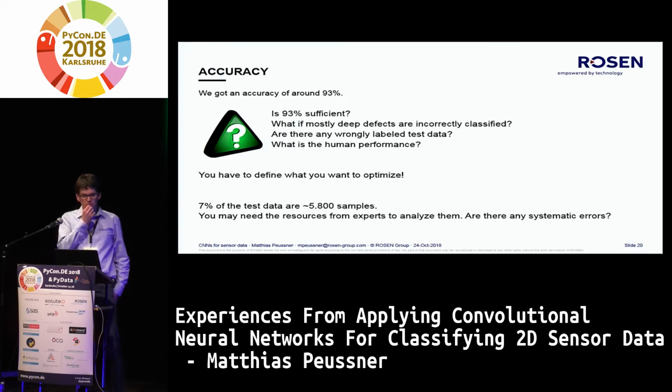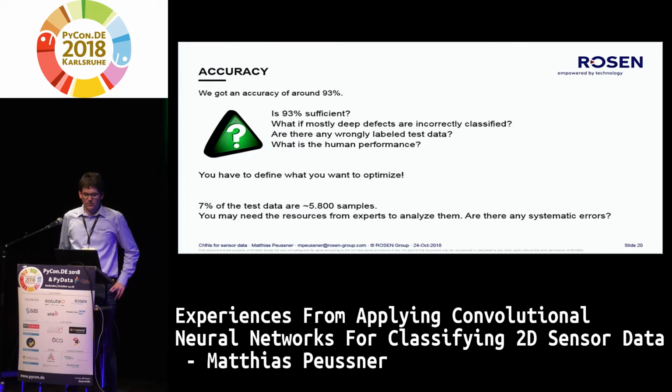At the beginning I didn't think about what to optimize for, and it's really important that you think about your test and your test data so you can optimize for it. Another problem in my project was that I have 7% misclassified defects. How should I look at it? Maybe I can find some systematic errors in there.